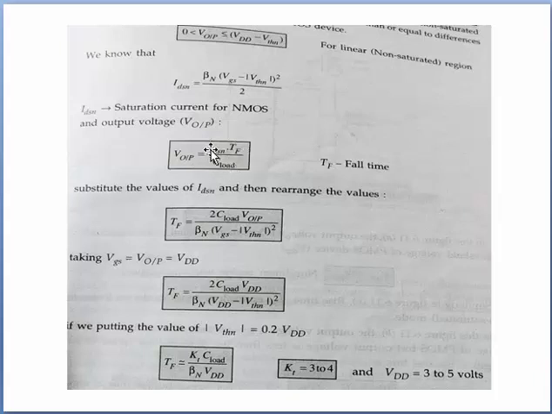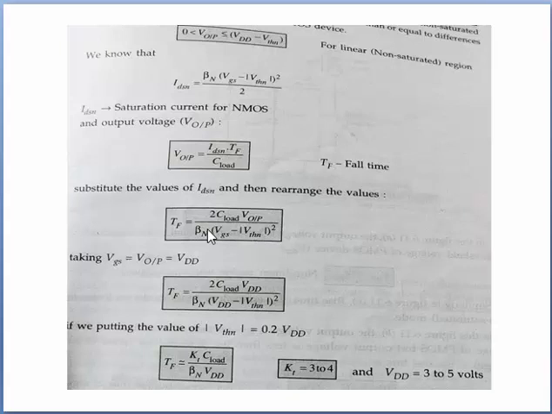So by putting the value of IDSN in this equation, we find the value of TF. Then TF is equal to 2 C load V output divided by beta N times (VDD minus VTH) whole square, that is the fall time.